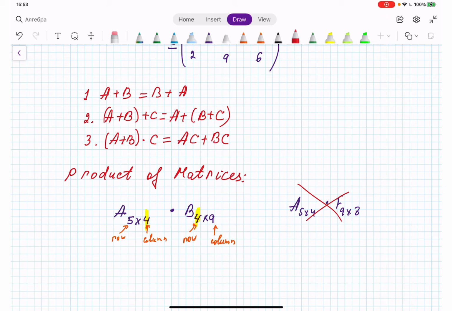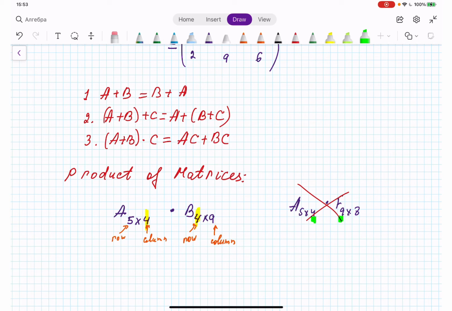Because here we have 4, here we have 9. Okay? That's why we cannot multiply. But multiply matrix A 5 times 4 on matrix B 4 times 9 is possible, because the number of columns of matrix A is equal to number of rows of matrix B.